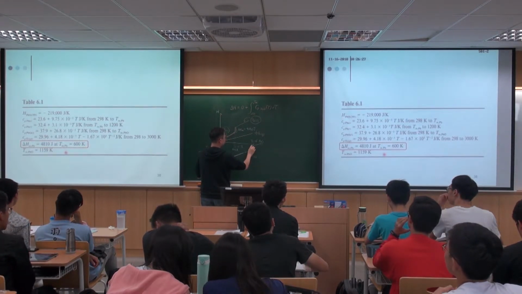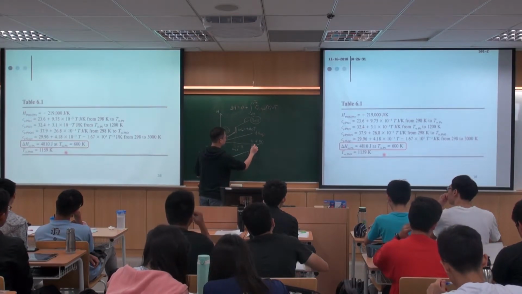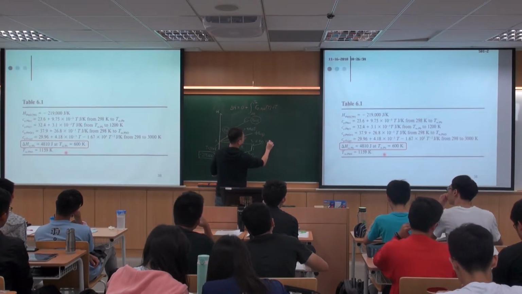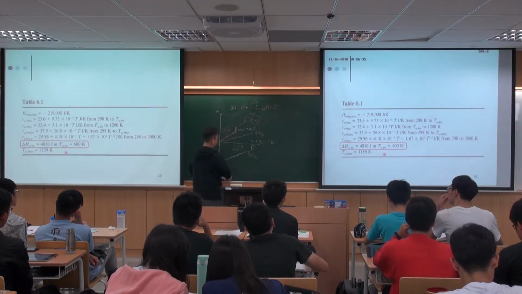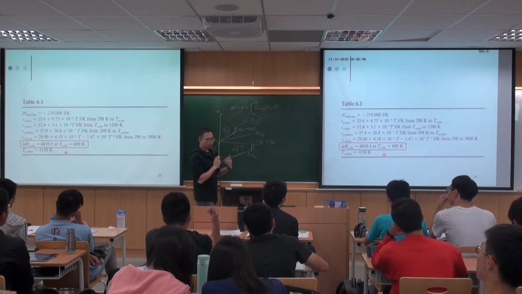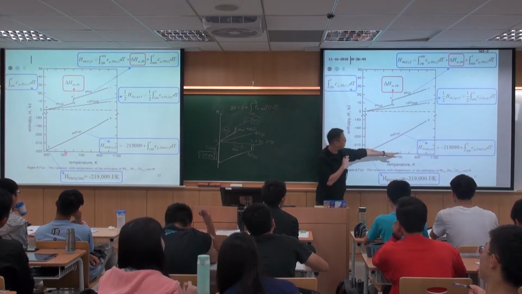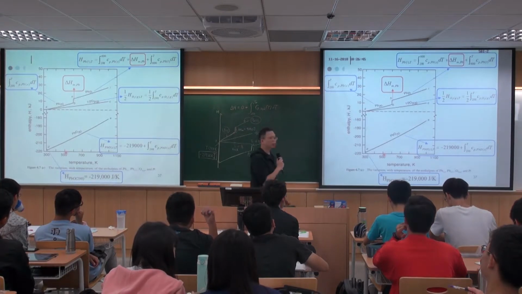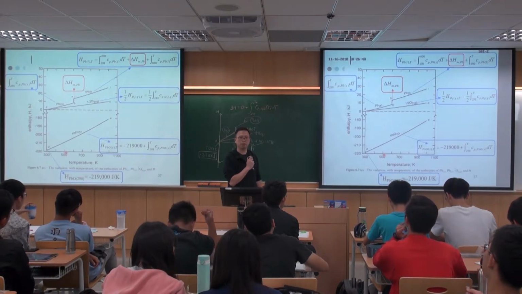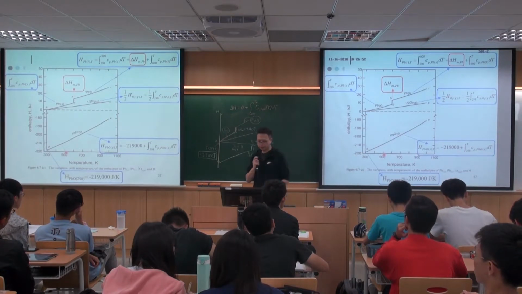You probably will see a jump over here at 1159 Kelvin. But on the plot in the textbook, it is below that melting temperature, so you don't see that jump. Okay? You only see one slope over here.